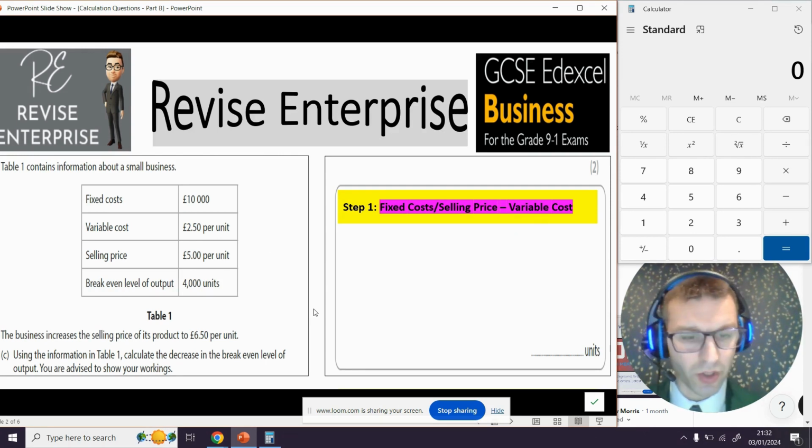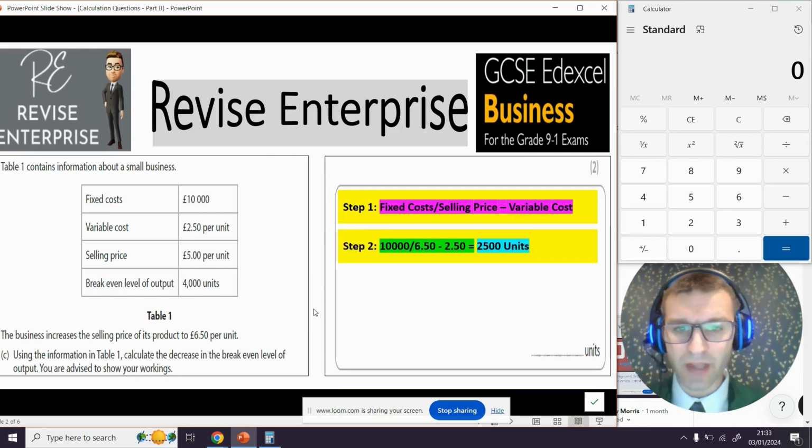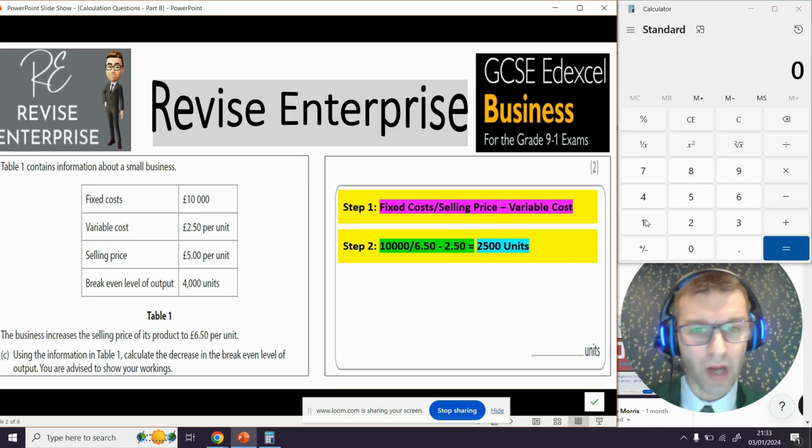Now, to work out your new break-even level of output, in step 2, you do your 10,000, because the fixed costs have stayed the same, divided by £6.50, which is your new selling price per unit, minus £2.50, as your variable costs have stayed exactly the same. All right, so on your calculator, of course, that should come out as 2,500 units. We'll just do a little demo together on the right-hand side here.